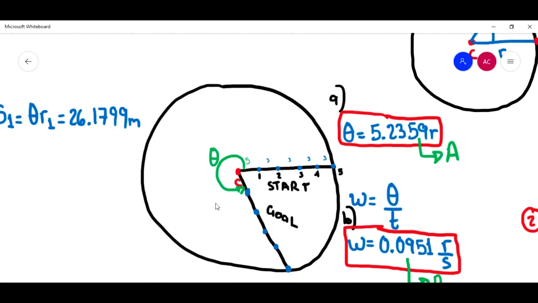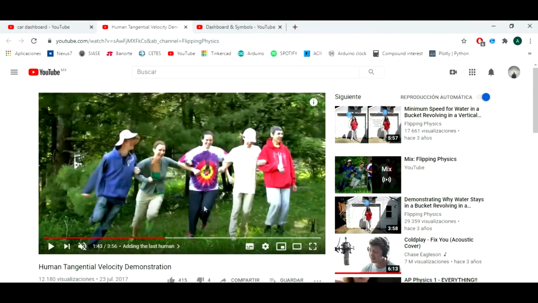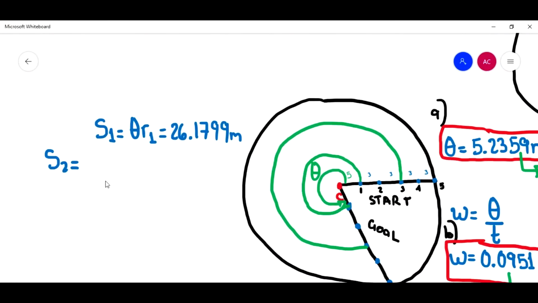For example, this is the trajectory of cyclist 1, and this is the trajectory of the third cyclist. The trajectory is greater as you get further from the center. So let's find the distances.